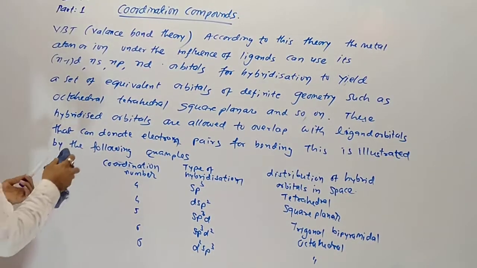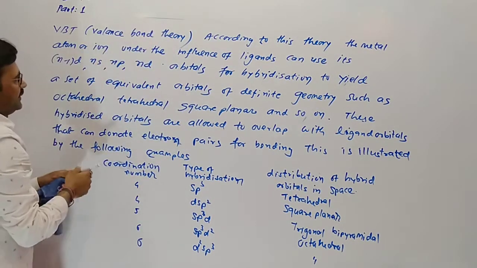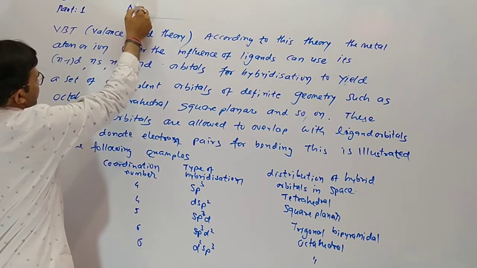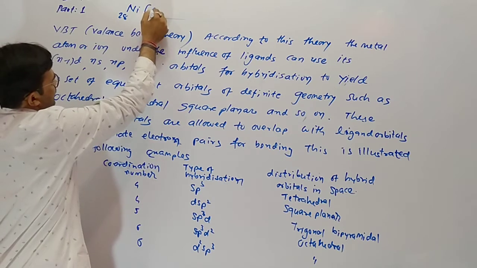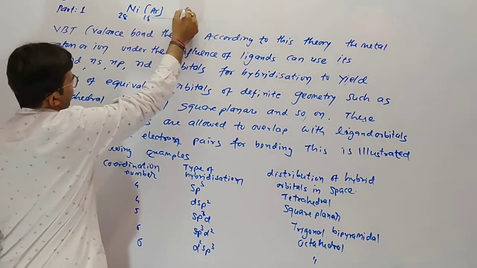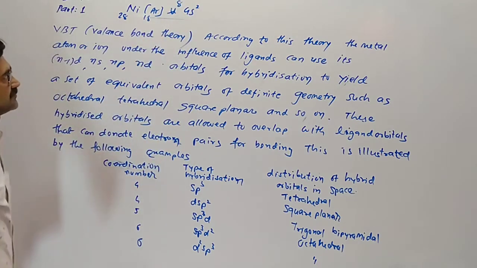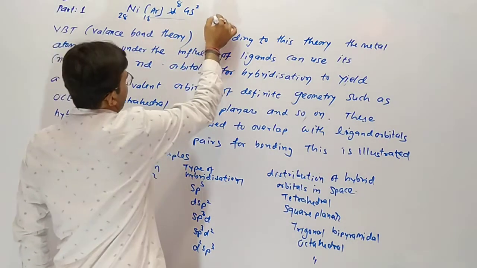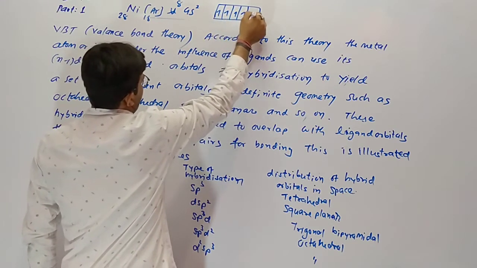Listen, in this theory, suppose we are taking any metal, nickel, atomic number 28, after argon 18, 4s2 and 3d8. In the d orbital there are 8 electrons.